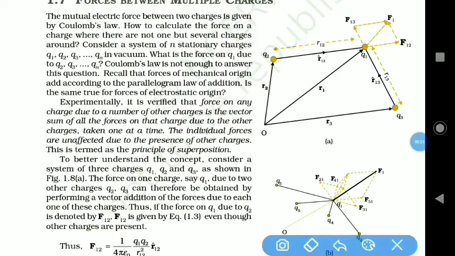To find the resultant force on one charged particle due to others, we have used the principle of superposition. With the help of this principle, we have made the addition of two or more than two forces.